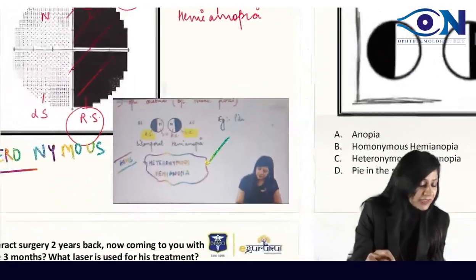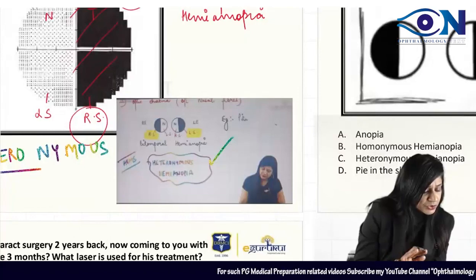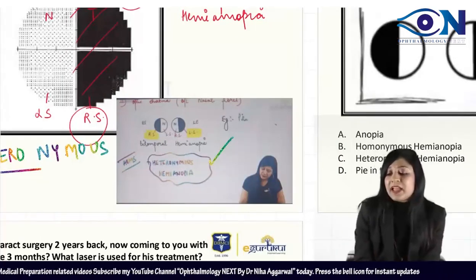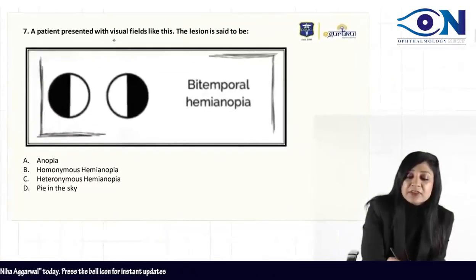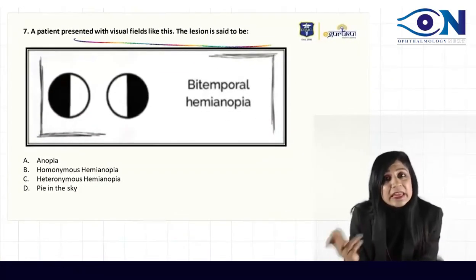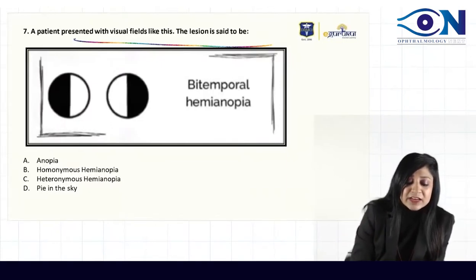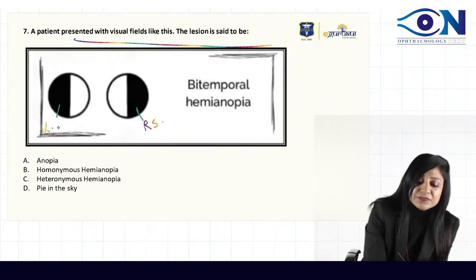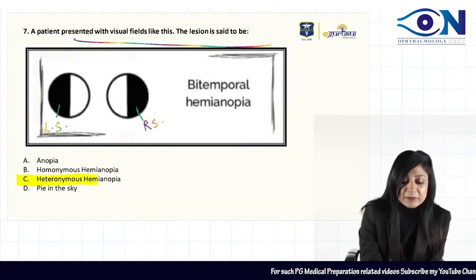नाउ हु विल टेल मी द एग्जांपल? One of lesion and in one vision was asked. Okay, so there were two questions. तो even better है, I think ये वाला भी आया था इस पर. A patient presented with the visual field, और दोनों में ही bitemporal hemianopia था, और उसमें उन्होंने पूछा था that which kind of lesion. तो अगेन ये right side of right eye है and left side of left eye है. तो it is actually heteronymous hemianopia.